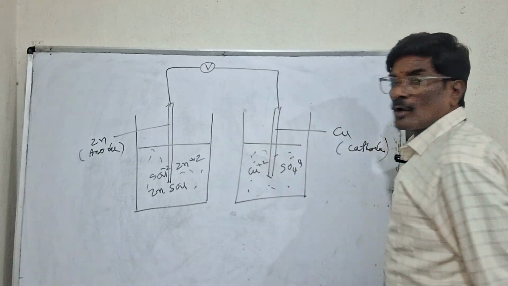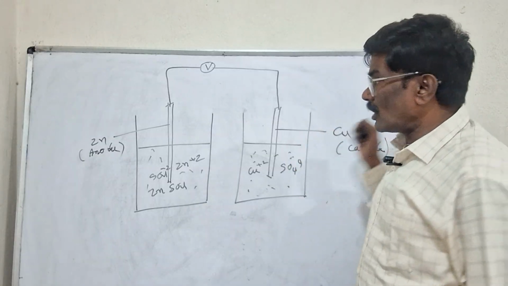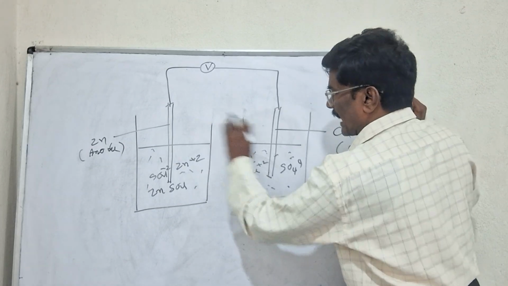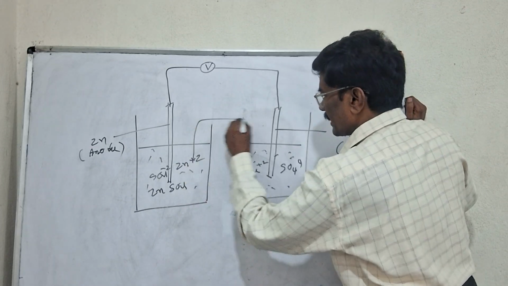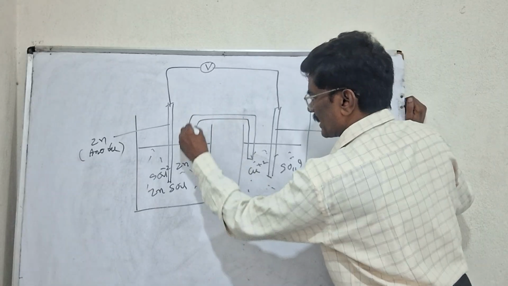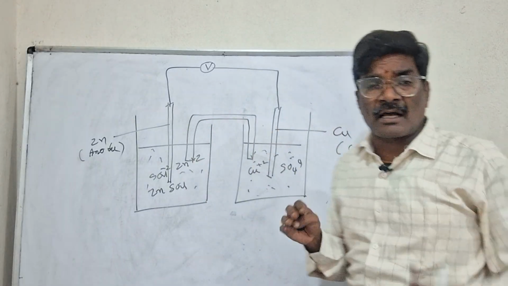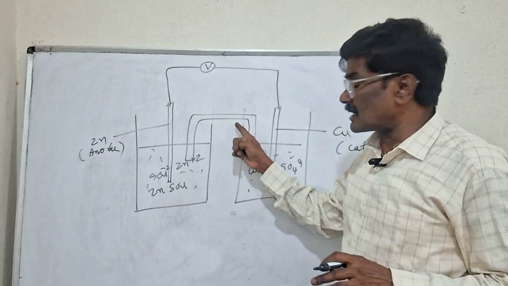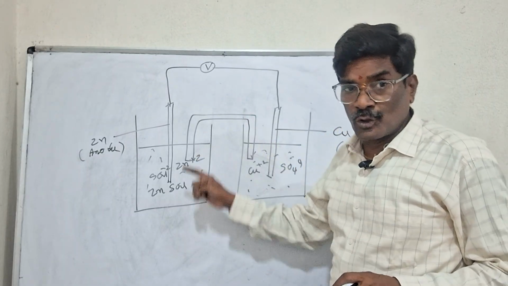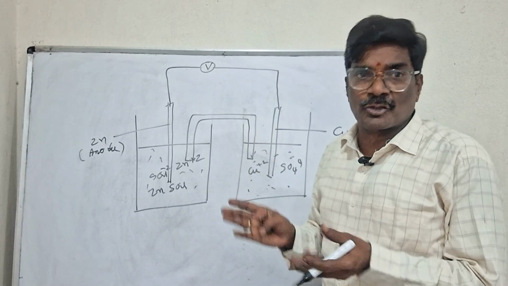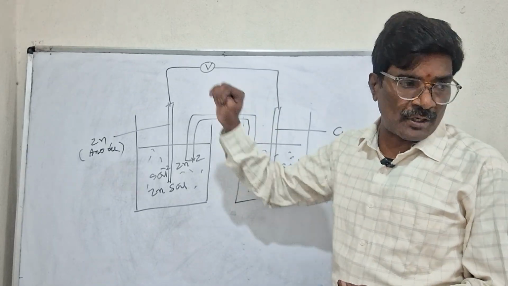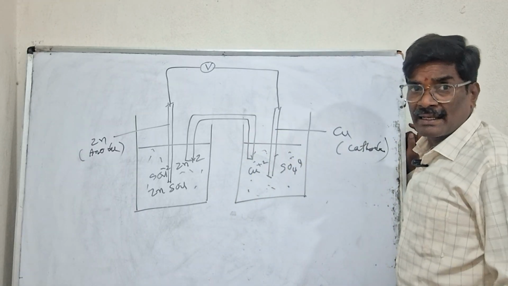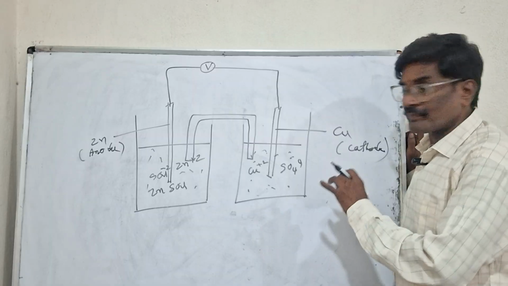It contains a voltmeter, and these two solutions are joined by a salt bridge, which helps the flow of ions only, but not solutions, just to complete the circuit and to allow the ions to flow from one solution to another. So this is the simple construction of a Daniell cell, an electrochemical cell.